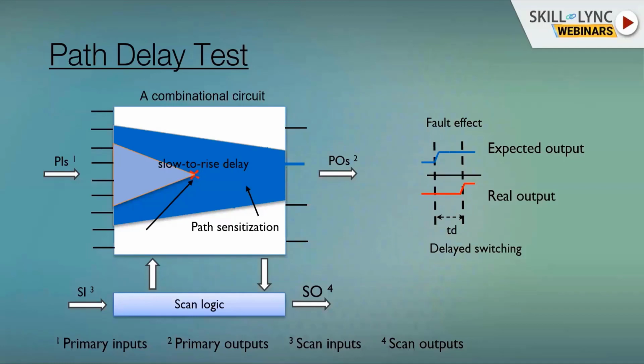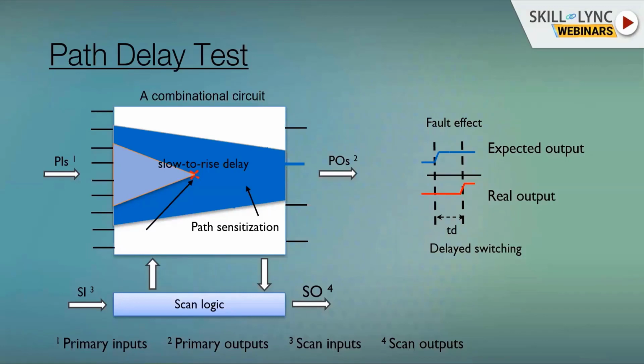This path delay fault test uses this particular fault model and then tests this circuit. The path shown in blue, inside a combinational circuit, is sensitized to detect a fault. This model is utilized to detect whether the path is too slow because of any faults at its internal nodes. This is just an example to show you how it actually works in industry.